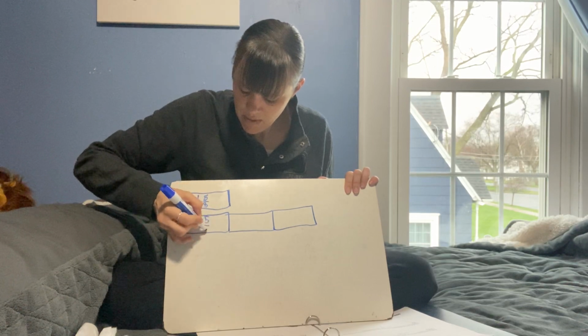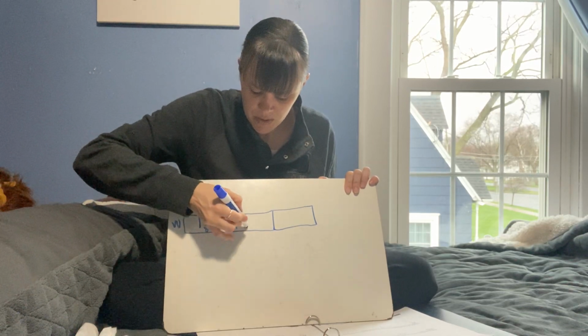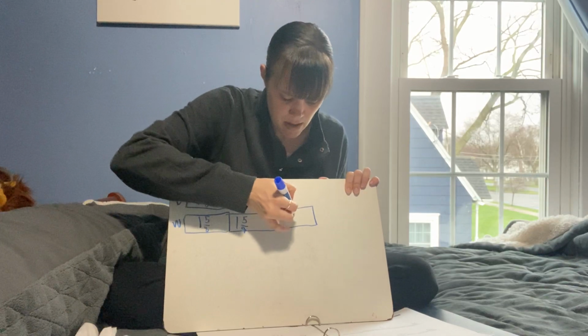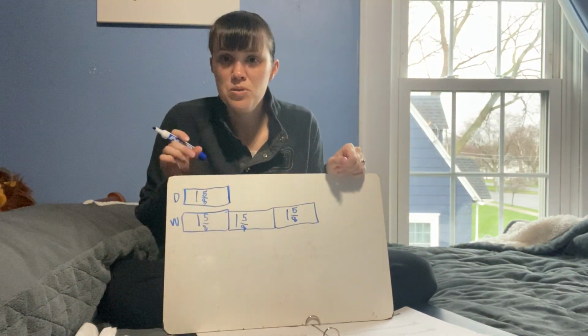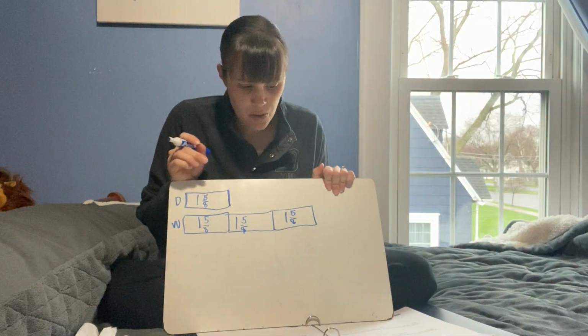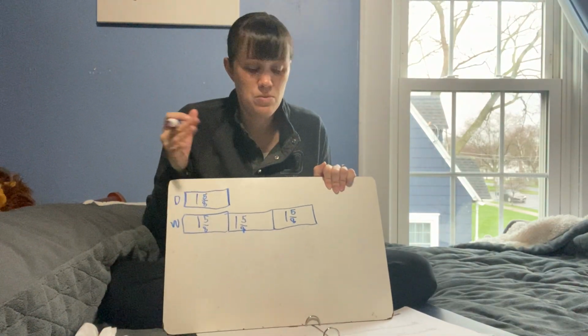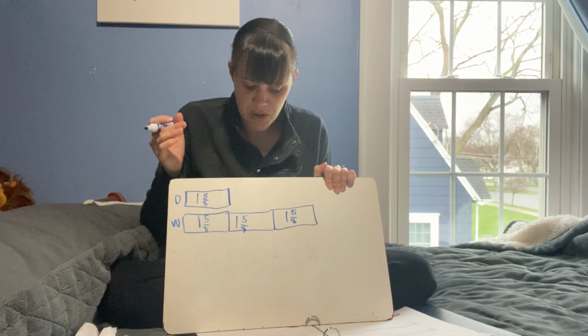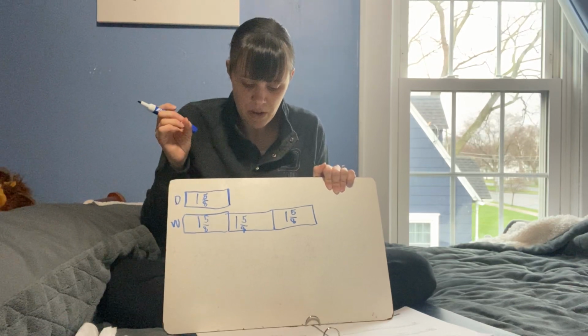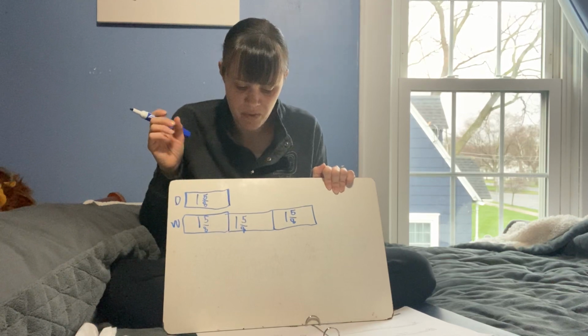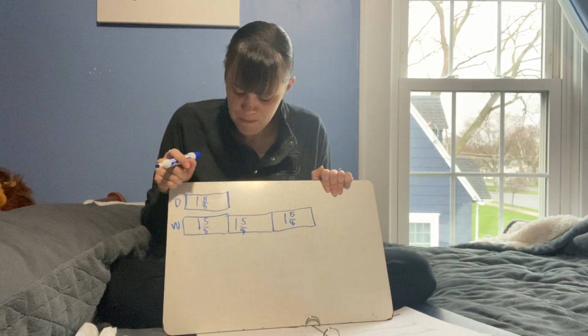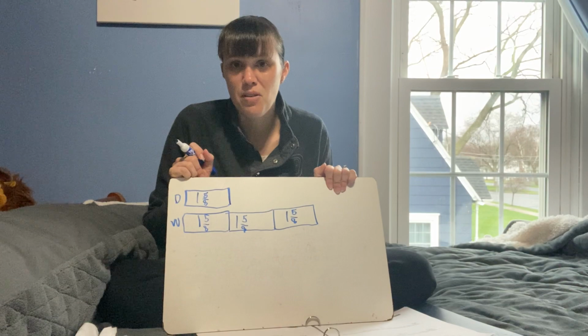1 5/8. You probably would have solved this a different way. I bet most of you would have added all of this. So we're going to multiply though, because that's what we've been doing, solving multiplication comparison word problems involving fractions. So we're not actually multiplying by 3 though.